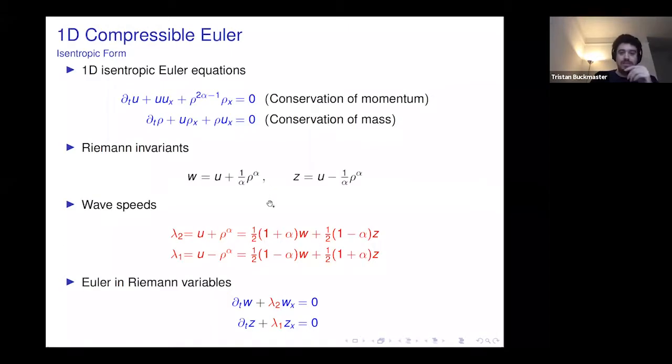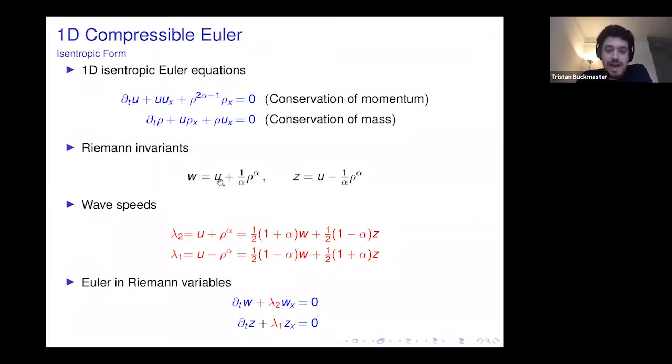Okay, so before I go into the full 3D non-isentropic case, it's worth considering the 1D case. So in the 1D case, you end up with just this equation of the conservation of momentum and the conservation of mass. And what's particularly neat about the 1D case is you can rewrite these equations in terms of Riemann invariants.